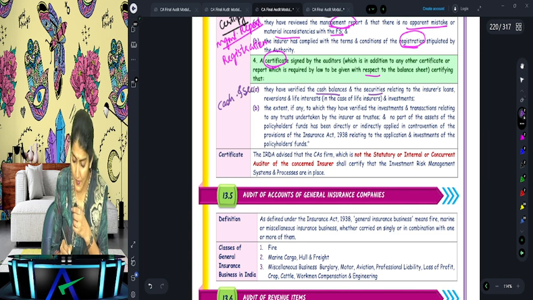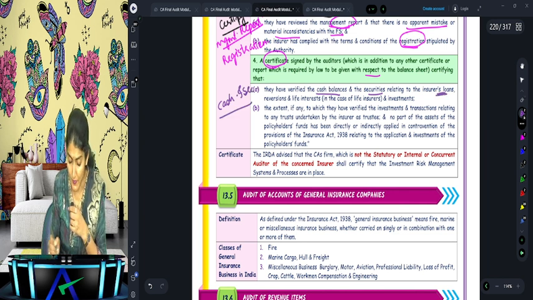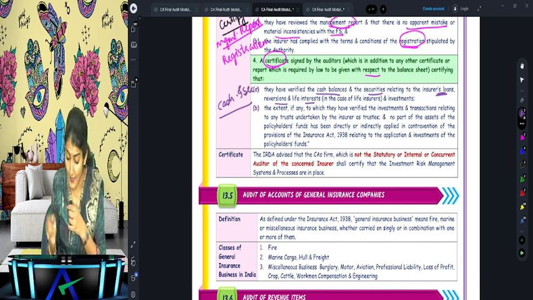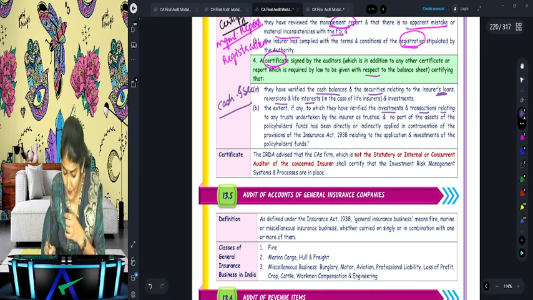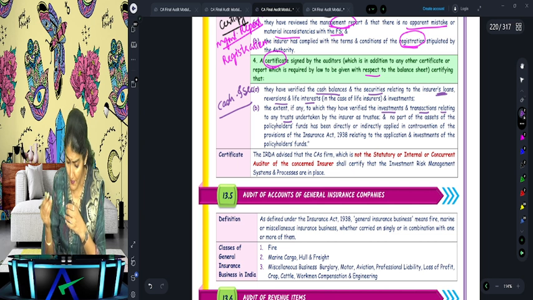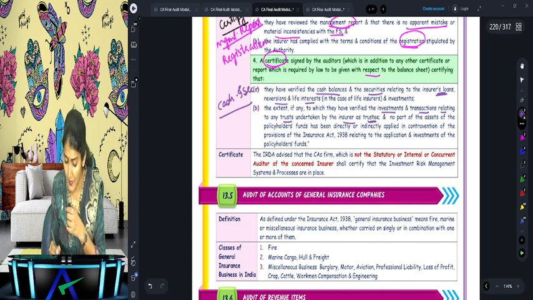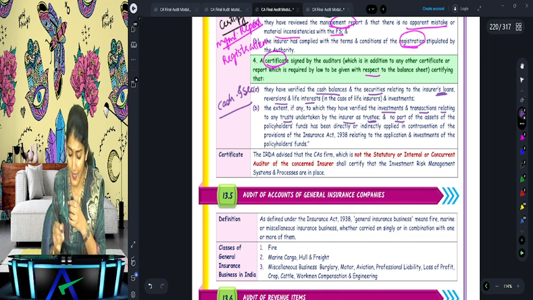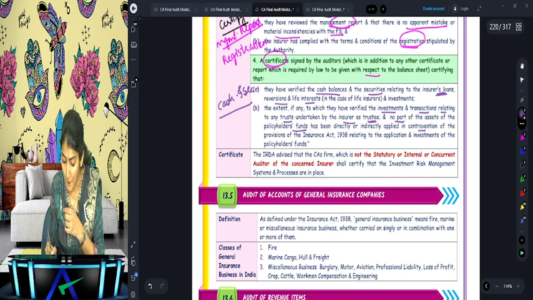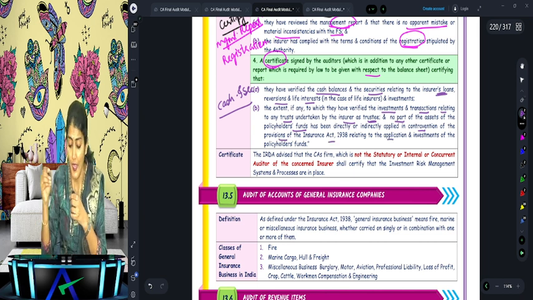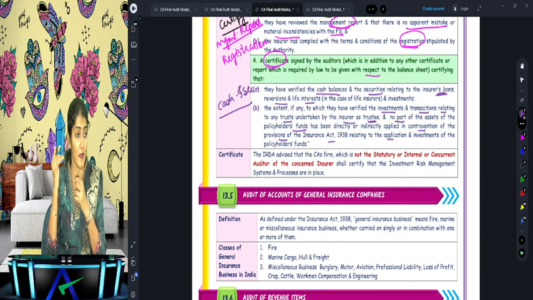So cash and the securities relating to the insurer's loans, reversions, and life interests, and the investments, and that they verified the transactions during the year relating to any trust undertaken by the insurer as a trustee, and no part of the assets of the policyholders fund has been directly or indirectly applied in contravention of the provisions of the Insurance Act relating to the application and investment of the policyholders fund, right?